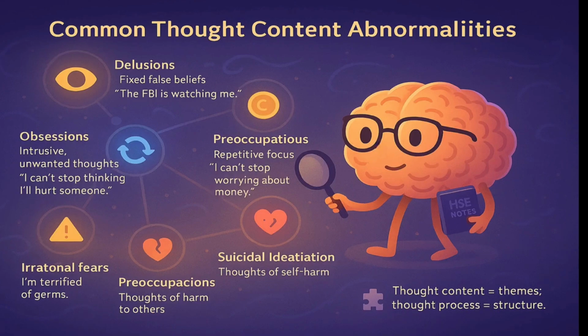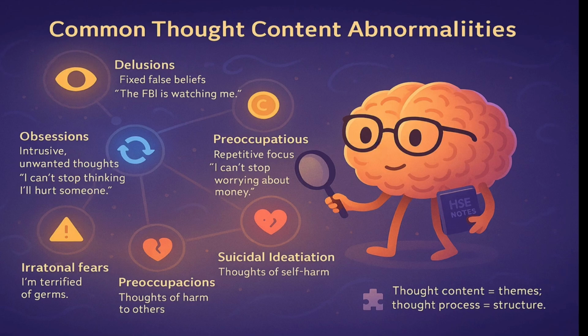Common thought content abnormalities. Here are some of the most common types you'll encounter. Delusions, fixed false beliefs. The FBI is watching me. Obsessions, intrusive unwanted thoughts. I can't stop thinking I'll hurt someone. Phobias, irrational fears. I can't go outside because of the germs.